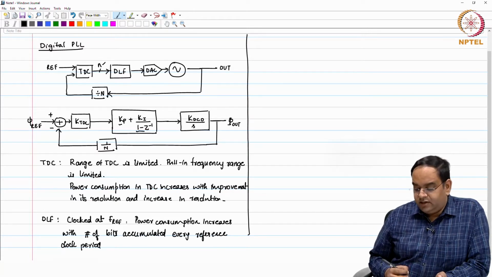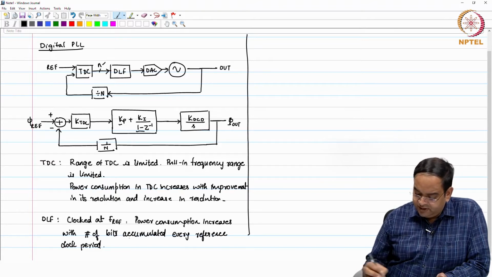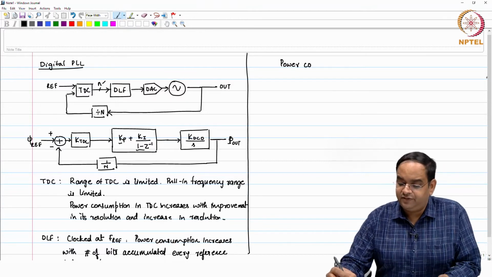It also increases with reference frequency. Power consumption increases with the reference frequency.